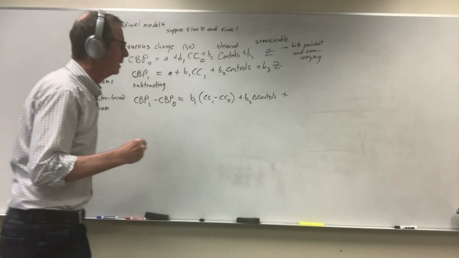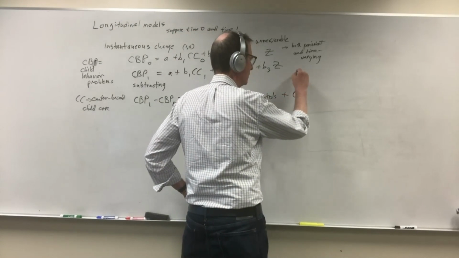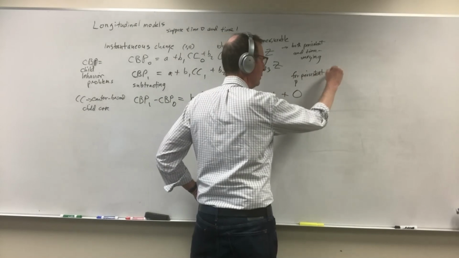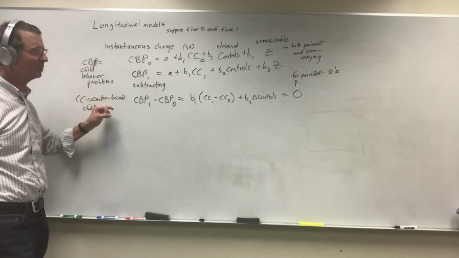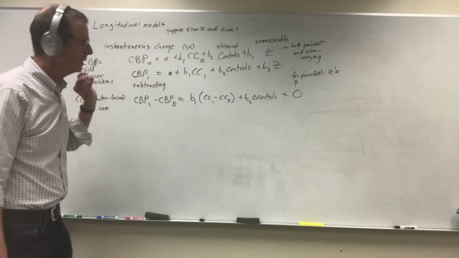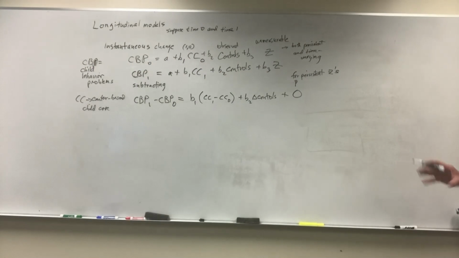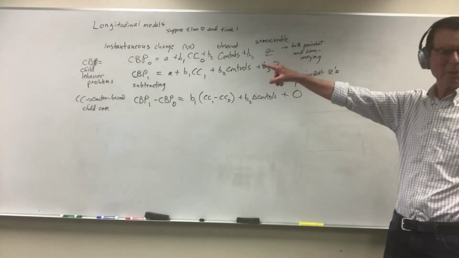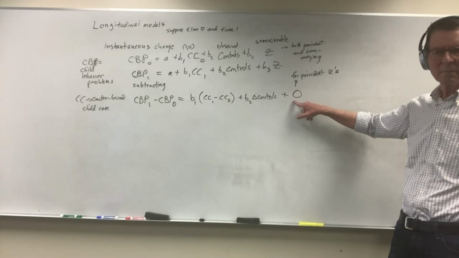plus 0 for persistent Z's, right? If we've got a Z variable, let's say it's genetic predisposition, or some sort of long-run measure of parent socioeconomic status that we can't measure very well, any sort of persistent influence on child behavior problems is going to be differenced out of this equation, right?